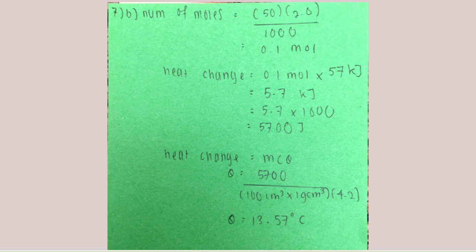So you will use heat change equals mc theta, and you make theta the subject, and you should change the 100 cm³ into gram, so that is 100 times 1 gram per cm³. And you should just use your calculator to calculate theta, and you will get 13.57 Celsius.